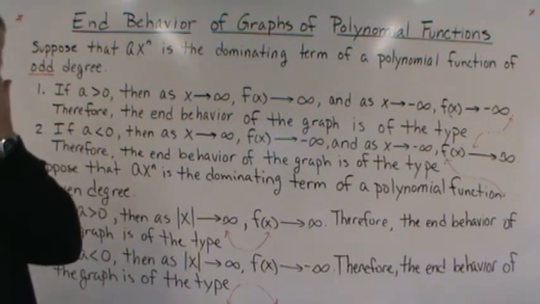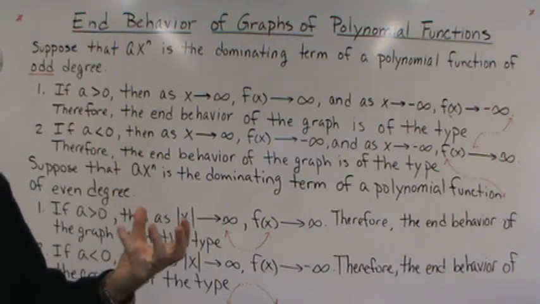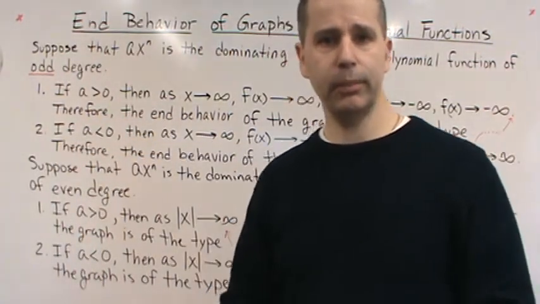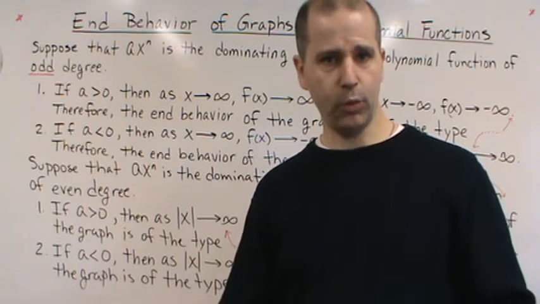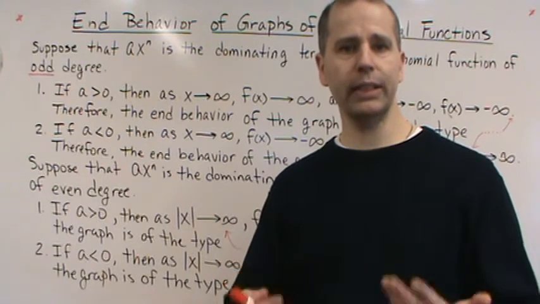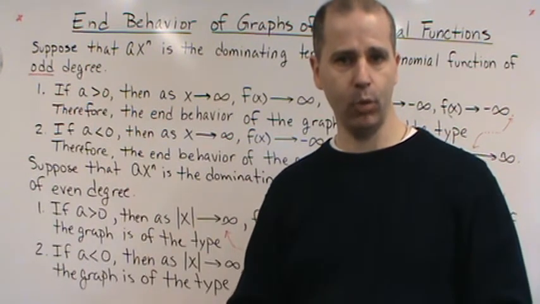Well, typically for any polynomial, the leading term is the term that has the largest exponent. We know that, okay? As x gets really big, which term is going to control the behavior of the graph more?